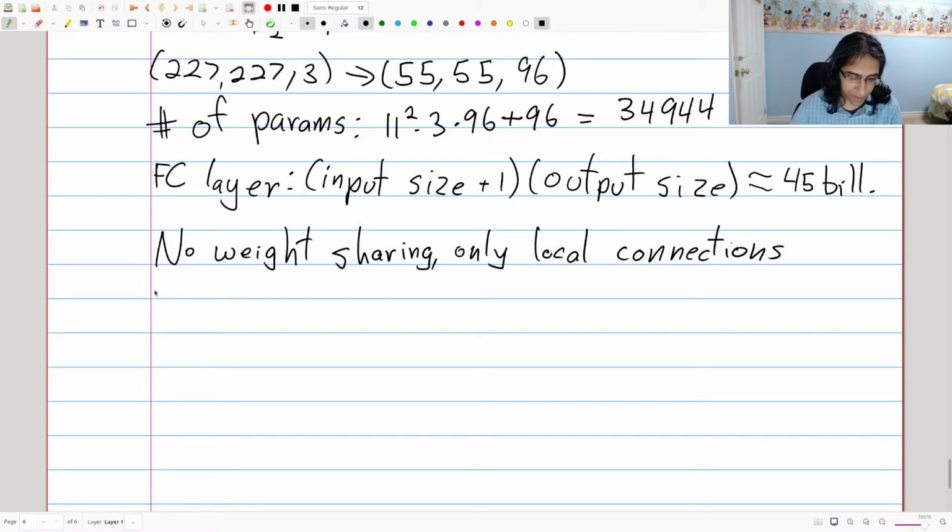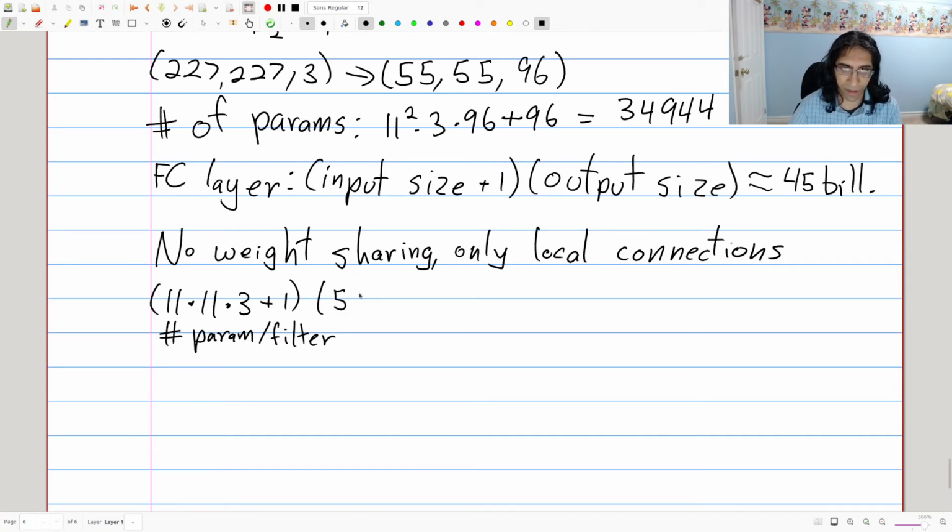I'm not going to belabor the computations here, but this is the number of parameters in one filter. The idea is each pixel of the output is determined by this many parameters of the input. And this is the output size, which is 55 by 55 by 96, which is equal to 106 million parameters.